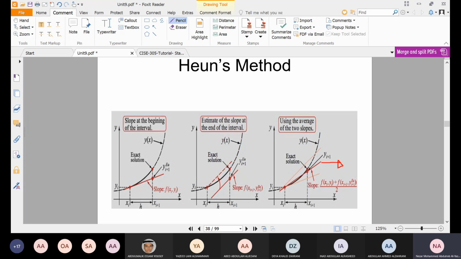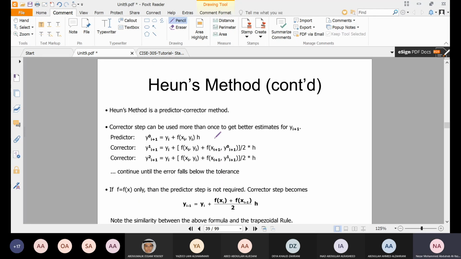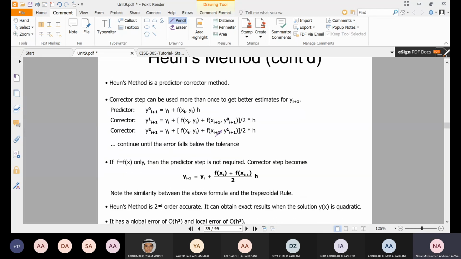This Heun's method, we can do in different techniques. We can say it is based on the predictor-corrector method. So we have the predictor and the corrector. How many correctors and how many predictors we need, we can determine in the question. The question will clarify this.